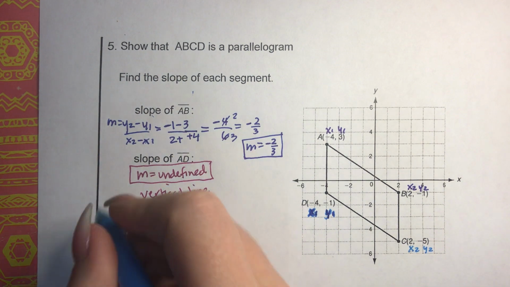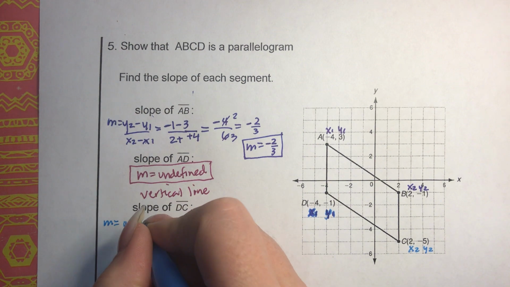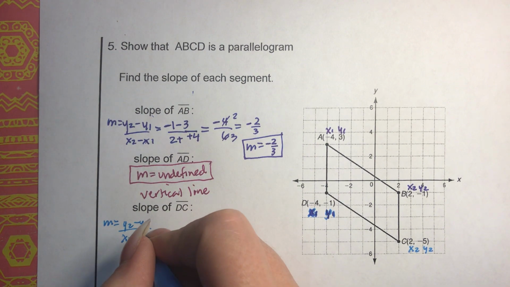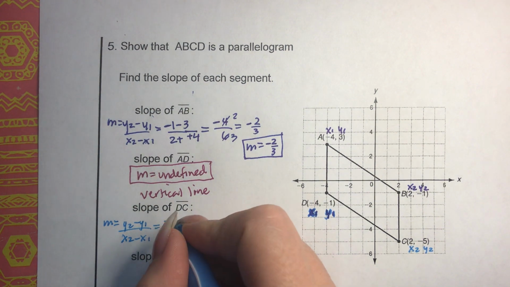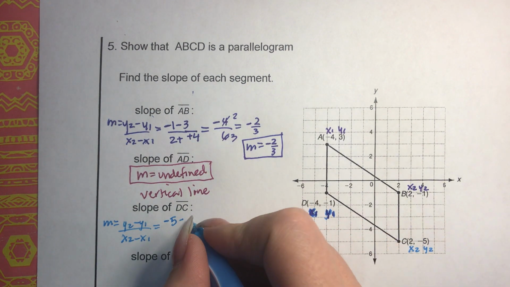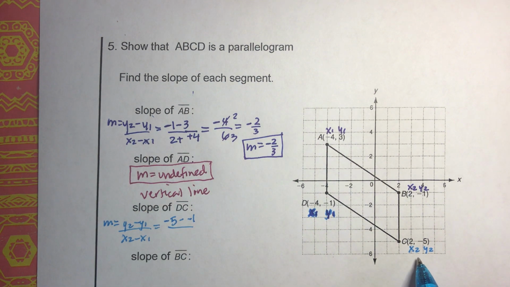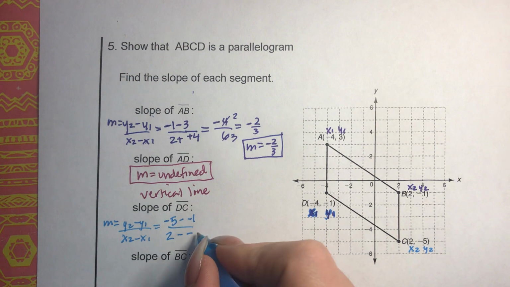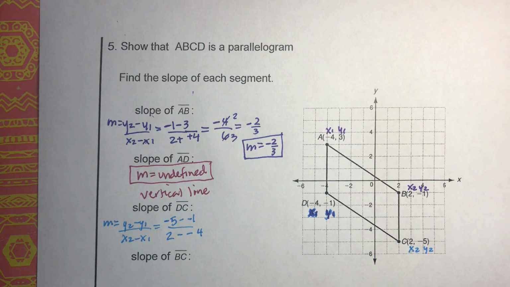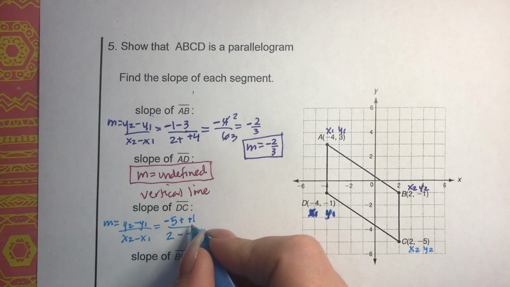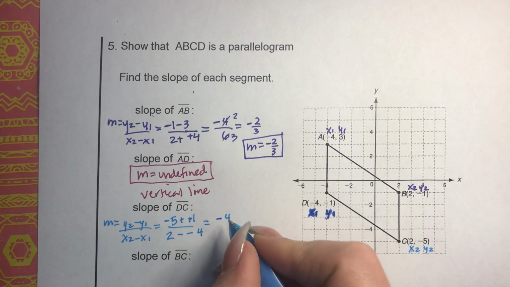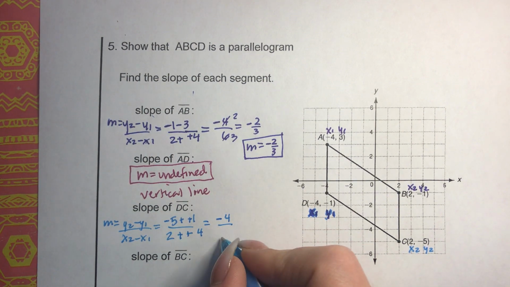M equals y2 minus y1 all over x2 minus x1. y2 is -5 minus y1 is -1, all over 2 minus -4. -5 plus 1 is equal to -4, all over, those two negatives become positive, we have 6.